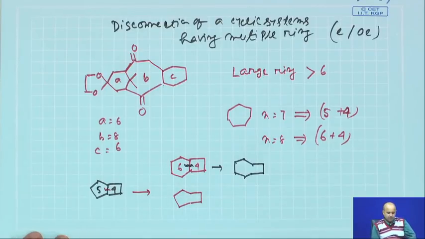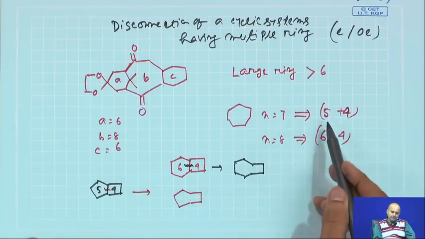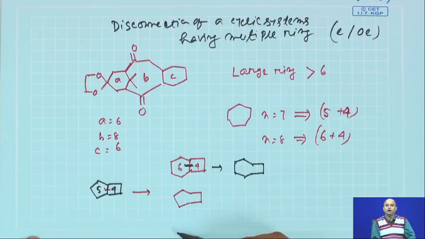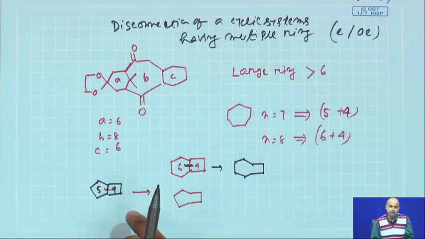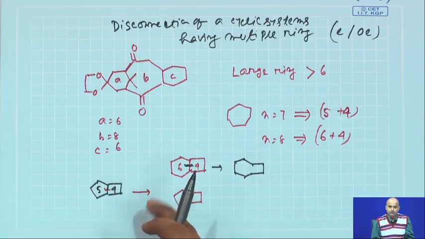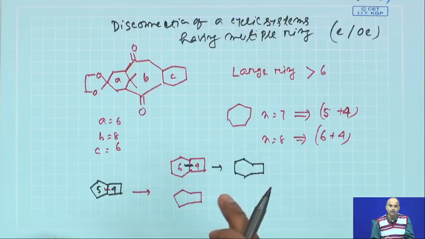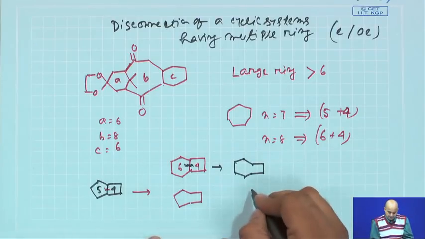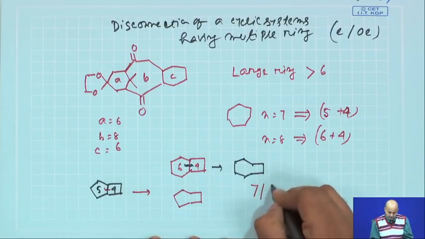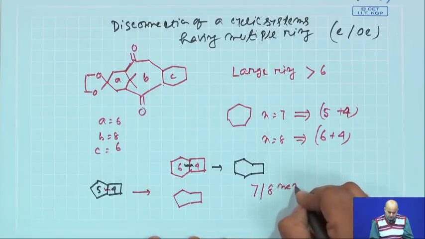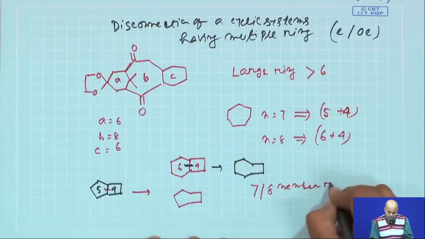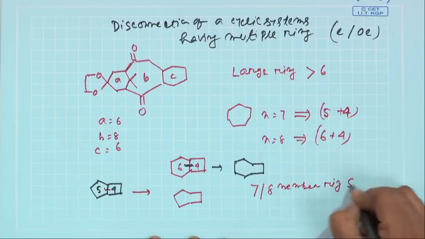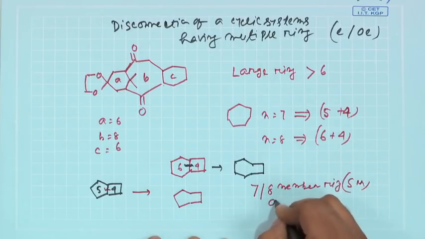So, now I am saying that normally 7-member rings or 8-member rings are often constructed through a retrosynthetic pathway or synthetic analysis in this way, because 7-member ring and 8-member ring containing starting materials are not easily available.